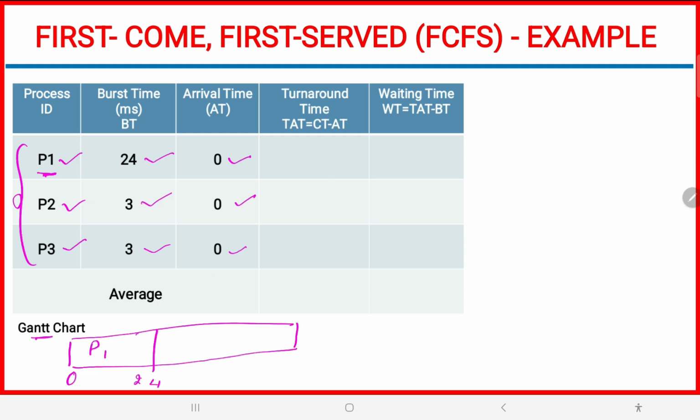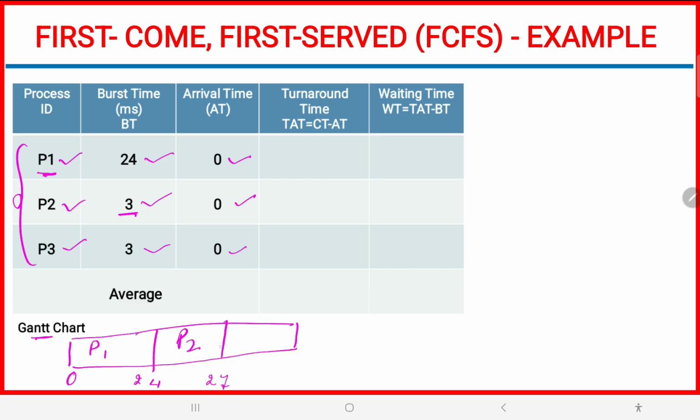Then the question arises, who came next? We are assuming that the order in which these processes are shown in the table is the order we will follow, because the arrival times were the same. Thereafter P2 got access to the CPU at 24 milliseconds, and it will continue for 3 milliseconds because its burst time is 3, that is, till 27.